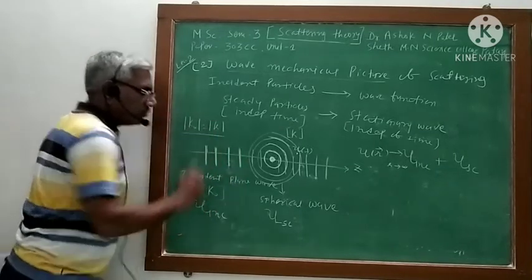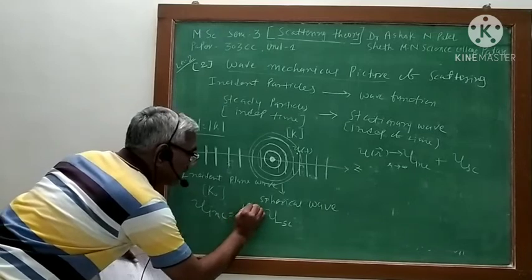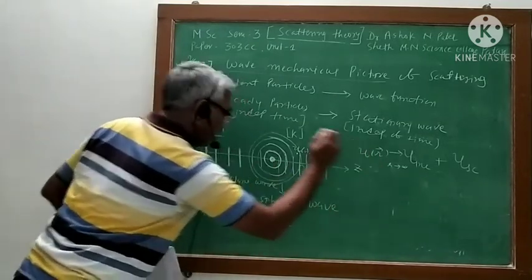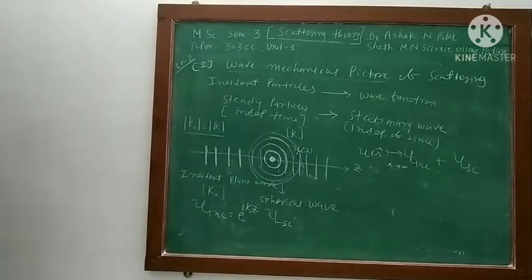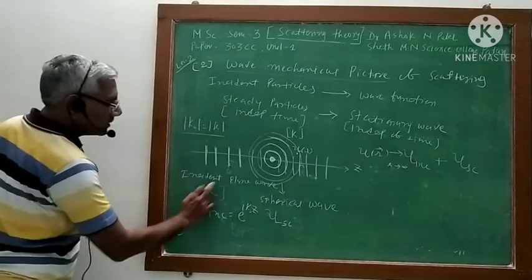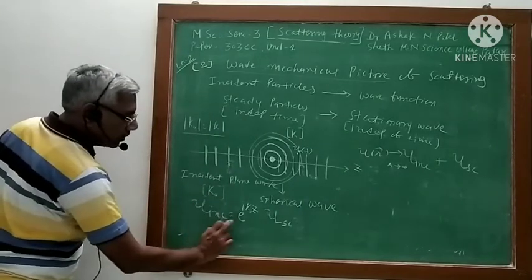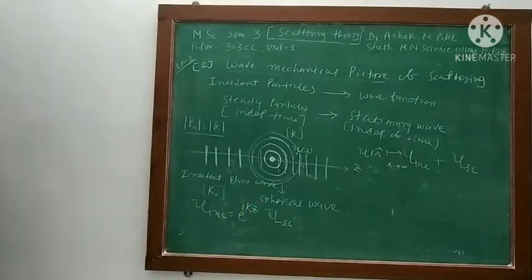These are plane waves, and I represent them by e raised to i k z, because it is propagating in this direction. Let us say it is k0, because I have considered the incident plane wave's propagation constant k0. So u incident is equal to e^(i k0 z).